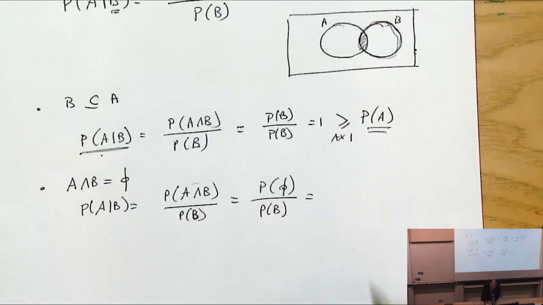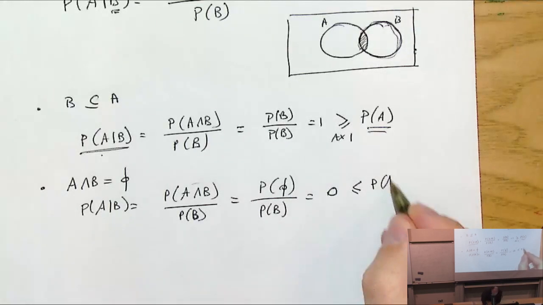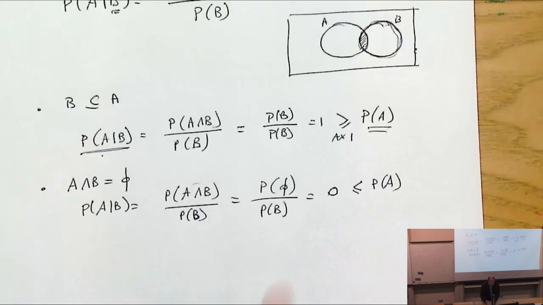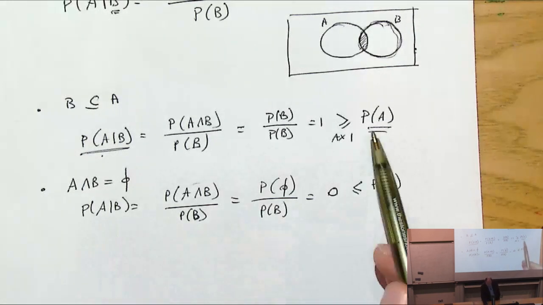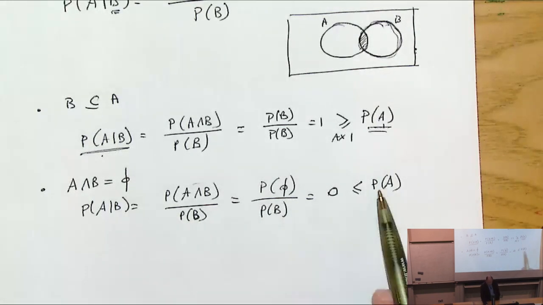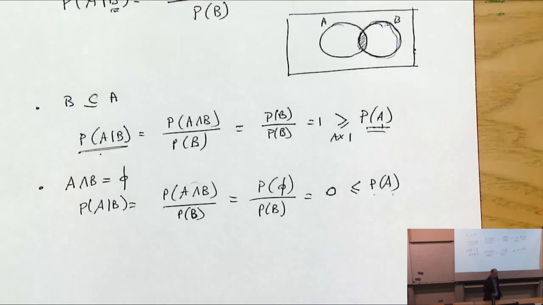It's 0, right? So essentially we get 0, and this is always smaller or equal to P of A, right? So here, what I want to show you is that the conditional probability of having A given B can be larger than P of A, or could be smaller than P of A, right? It really depends on the scenario and the context.